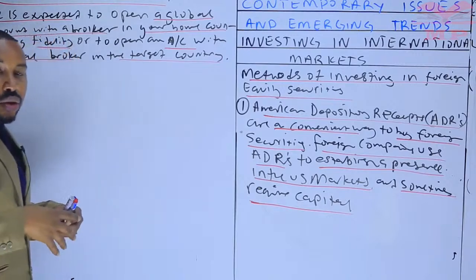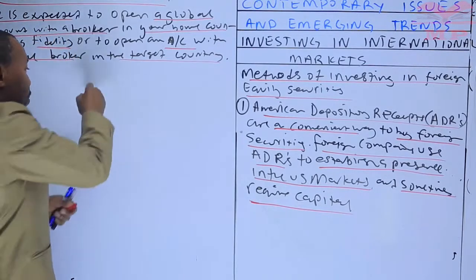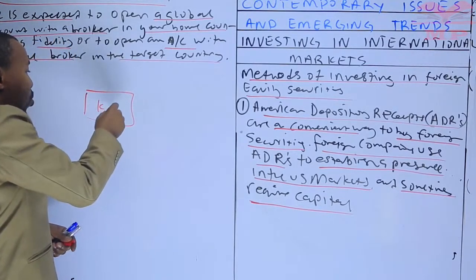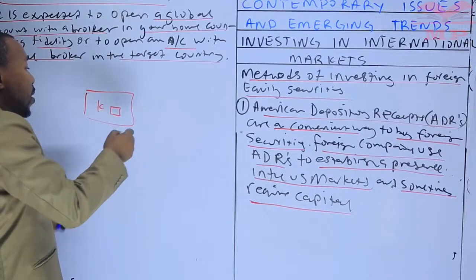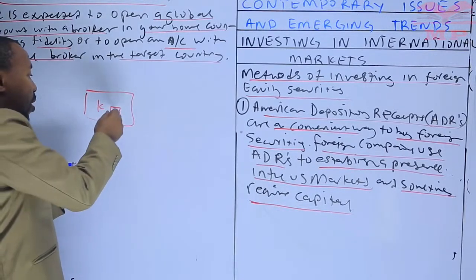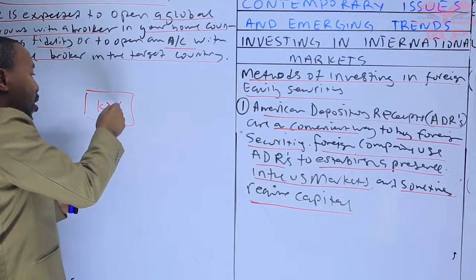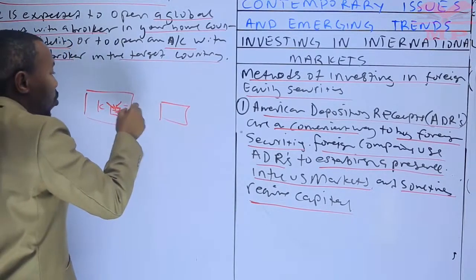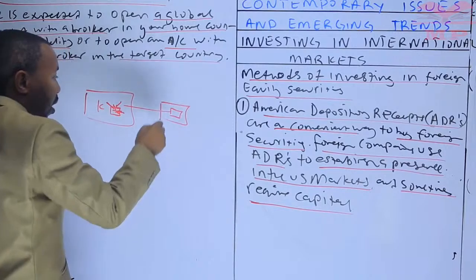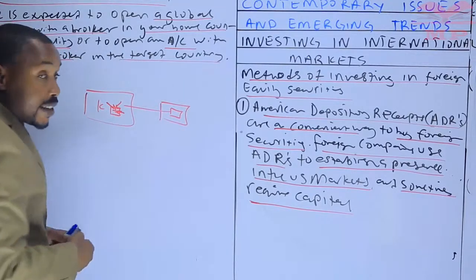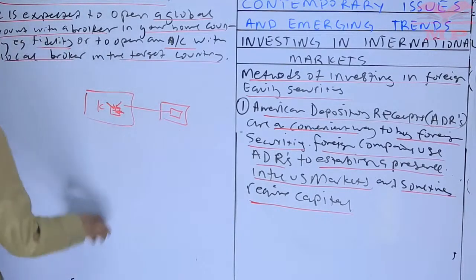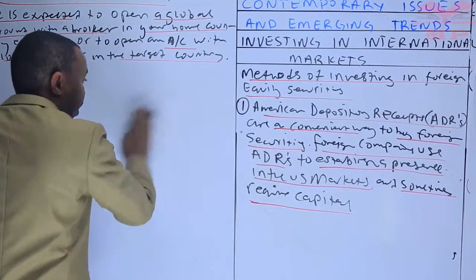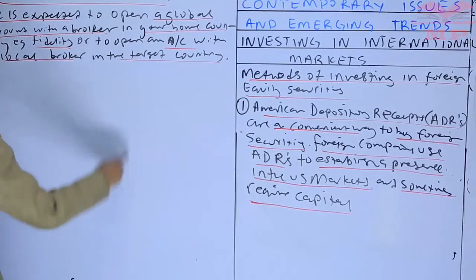If your country, say Kenya, has a global broker, that's one of the ways you can participate in foreign markets, and you'll be able to trade using that broker. The second case is the one I just gave you: you open a CDS account and convert the Kenya shillings into Uganda shillings so that you can participate in foreign markets or invest in Uganda.